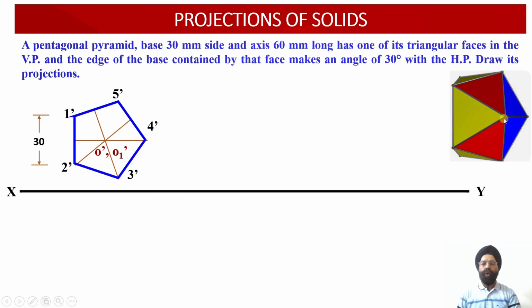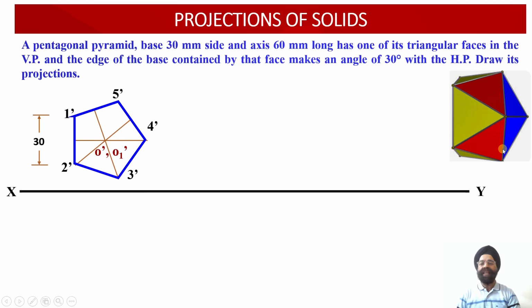So here the O dash point corresponds to the apex point, whereas the O1 dash point corresponds to the axis point which is lying on the base of this pentagonal pyramid, which is contained by the vertical plane. Having obtained this axis point, now we need to join all these slant edges.